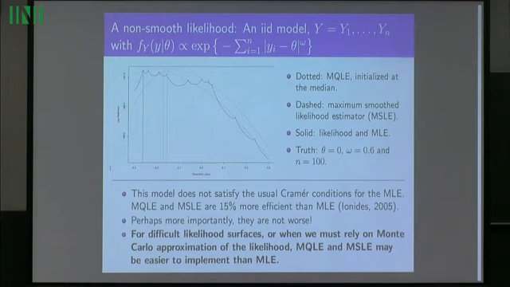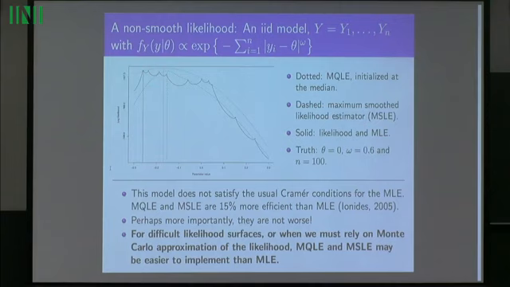You can still compute the MLE, but the maximum quadratic likelihood estimate is 15% more efficient. But there's also something called an MSLE, a maximum smooth likelihood estimator, where you just replace the quadratic by your favorite smoother, and that also does better. It basically matches the MQLE.